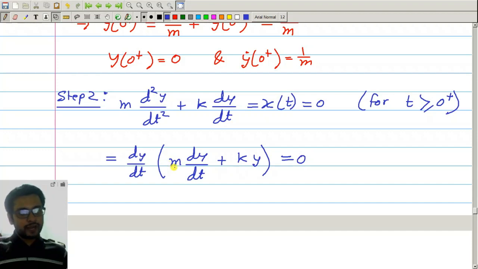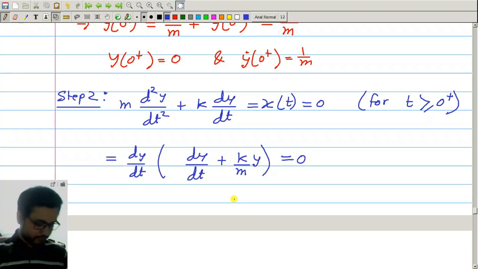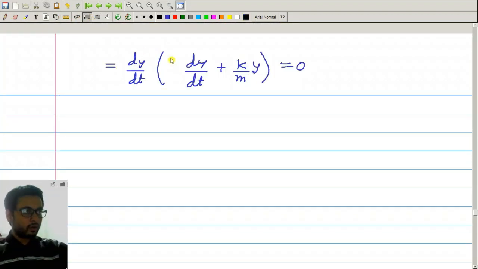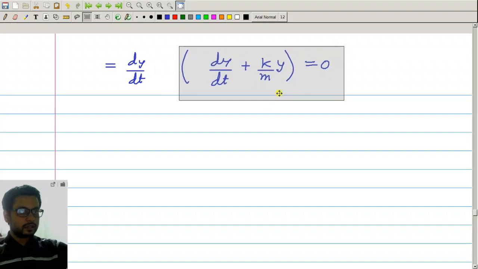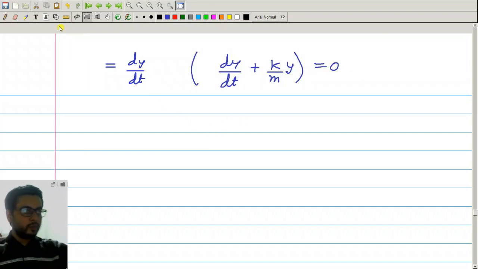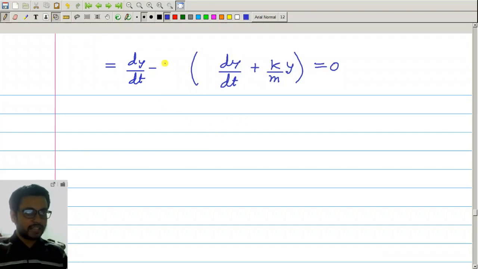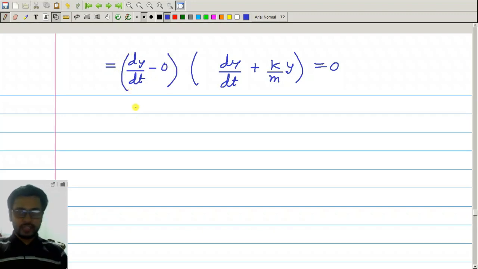If you divide the left hand side by m, then you can write this as 1 and this as k by m. Also, you may like to write this as dy/dt minus 0 without any harm.